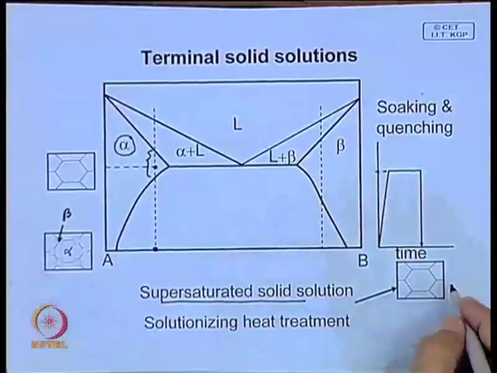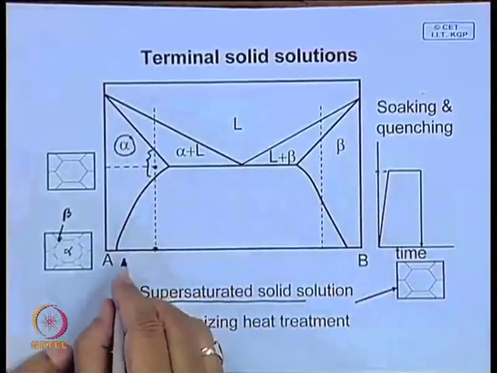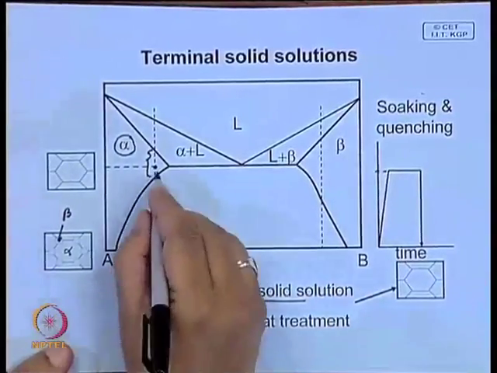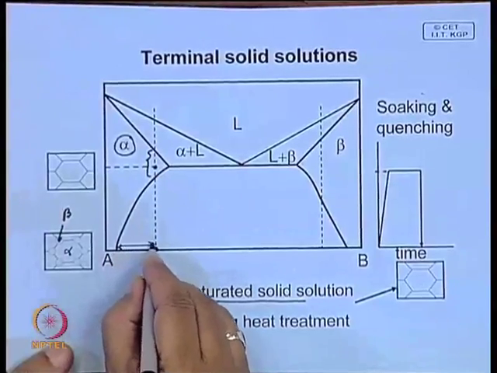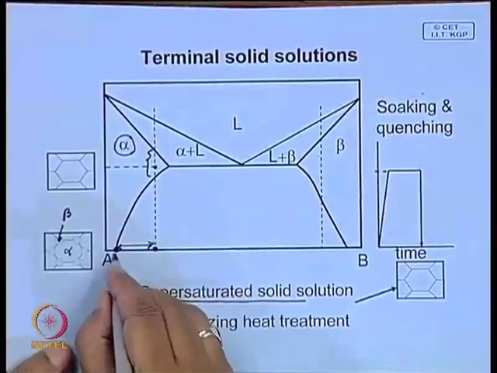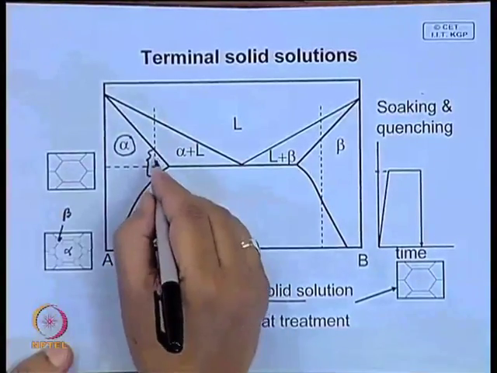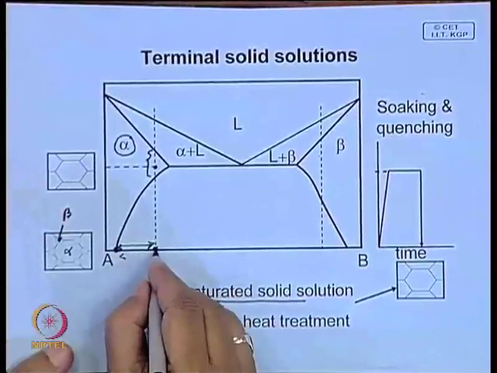So, what does supersaturation mean? It means by force you are keeping a large amount of solute in the structure. So, something like this. This is the equilibrium solubility limit at room temperature, let us say, and by force we are keeping this amount of solute.